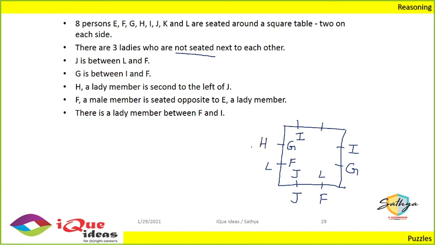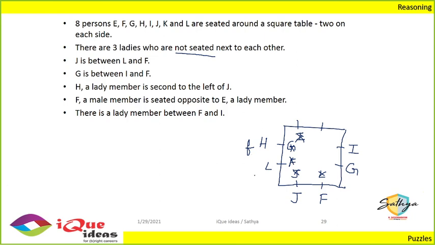So H, a lady member, is second to the left of J. If this is J, then first, second. So now we know that this cannot be the arrangement because it violates the condition of the placement of H. So now we can easily proceed.